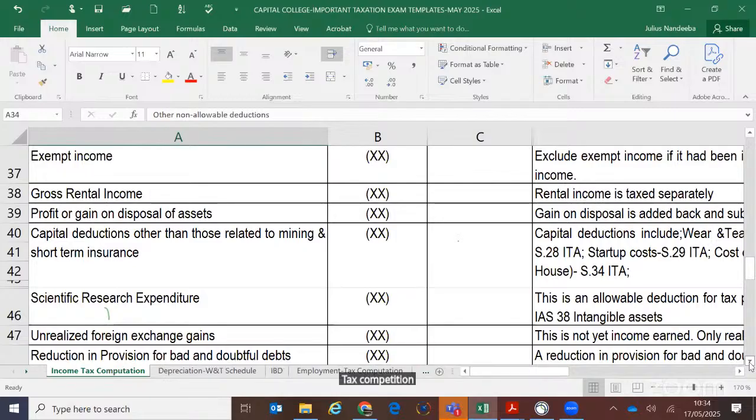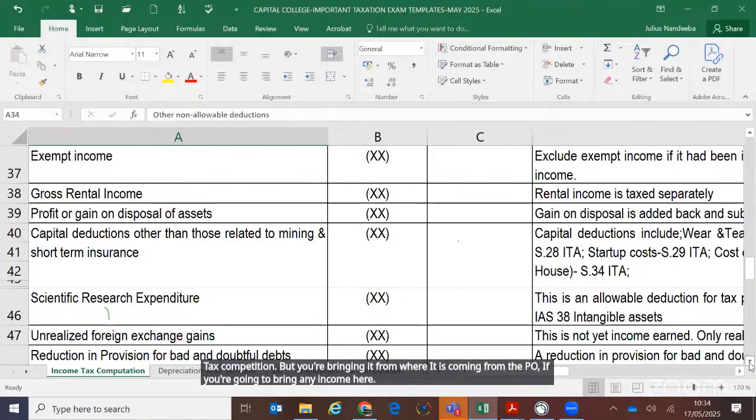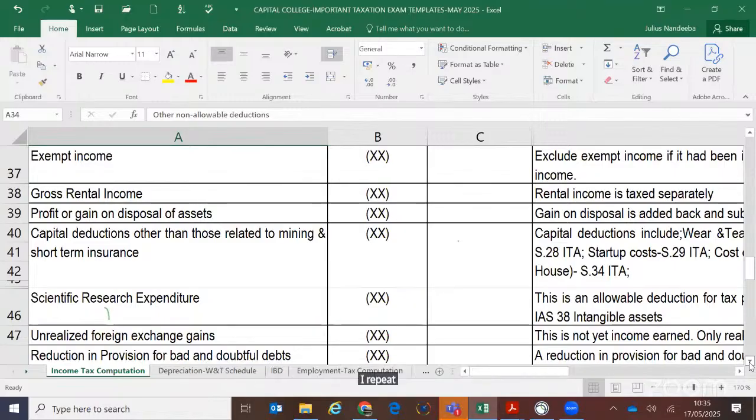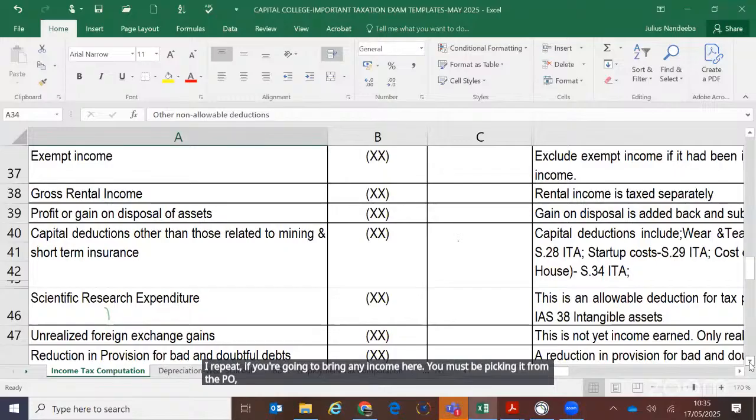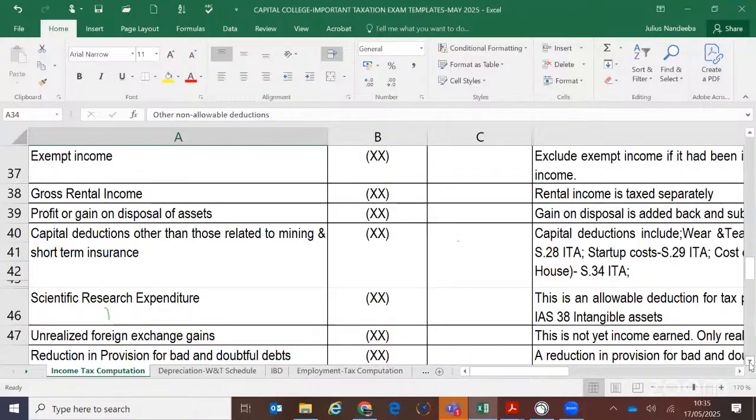But you're bringing it from where? It is coming from the POL. If you're going to bring any income here, I repeat, you must be picking it from the POL. If any item is an item of income here, it must be coming from the POL.